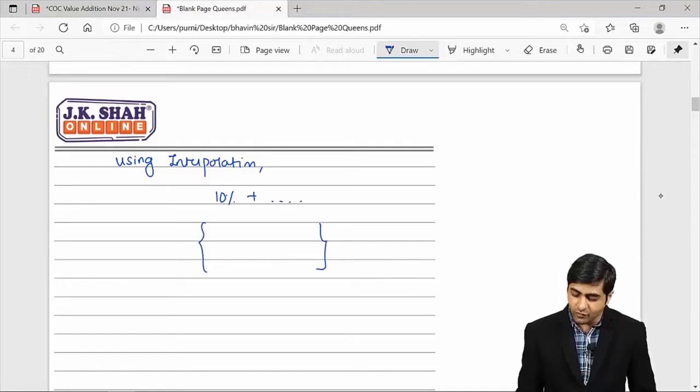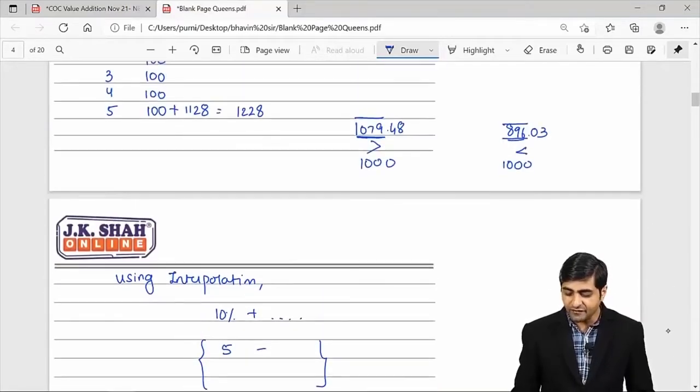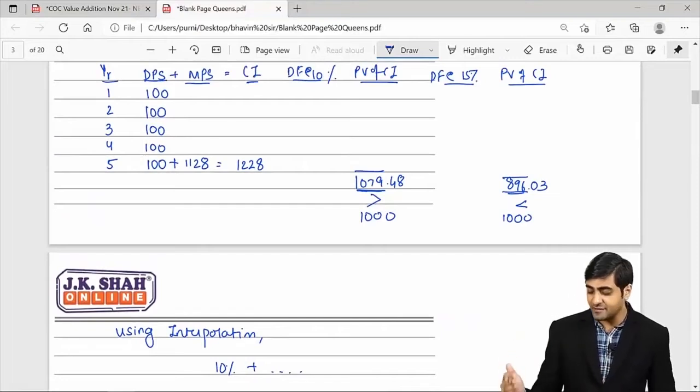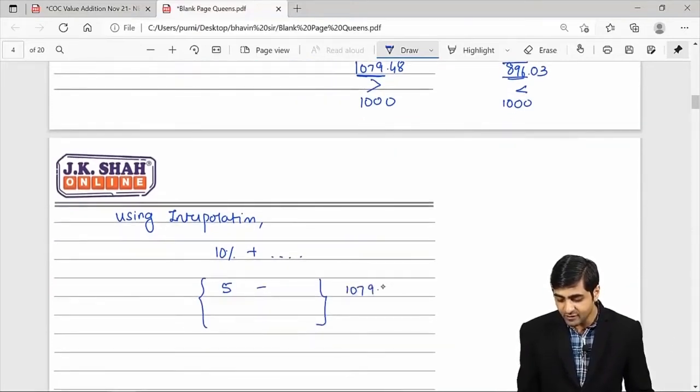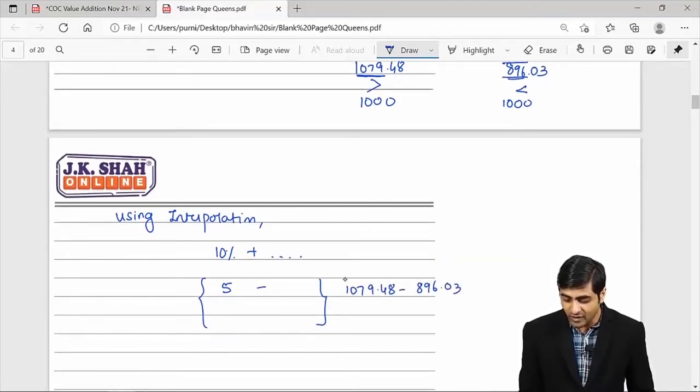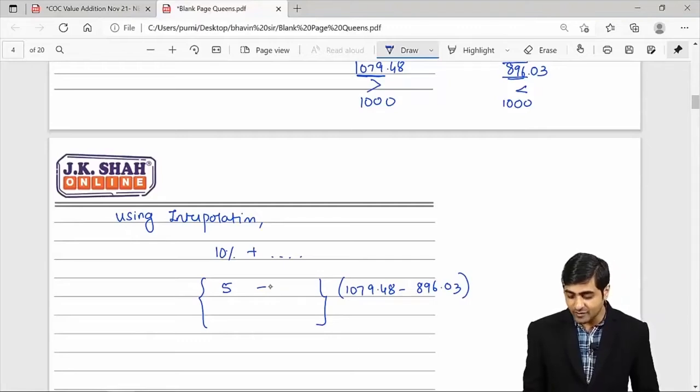So we know that the difference between 10 and 15 is nothing but 5, and if we are increasing the discounting factor by 5%, we are actually reducing the present value of cash inflow from 1079.48 to 896.03. So this will be nothing but 183.45.